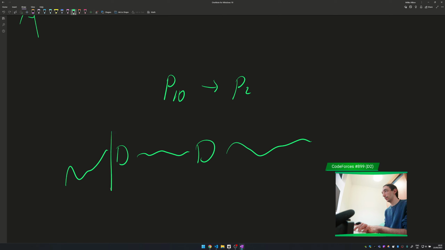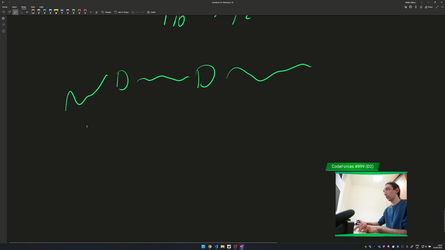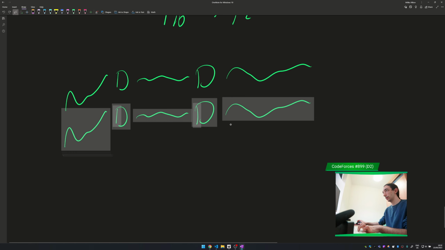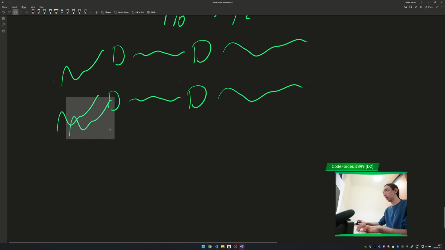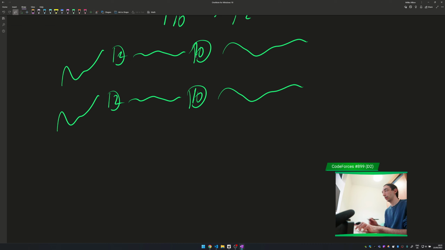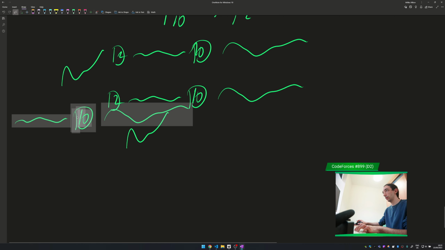So if I swap this with this, it turns out that this is 2, this is 10. This goes here, this goes over here.